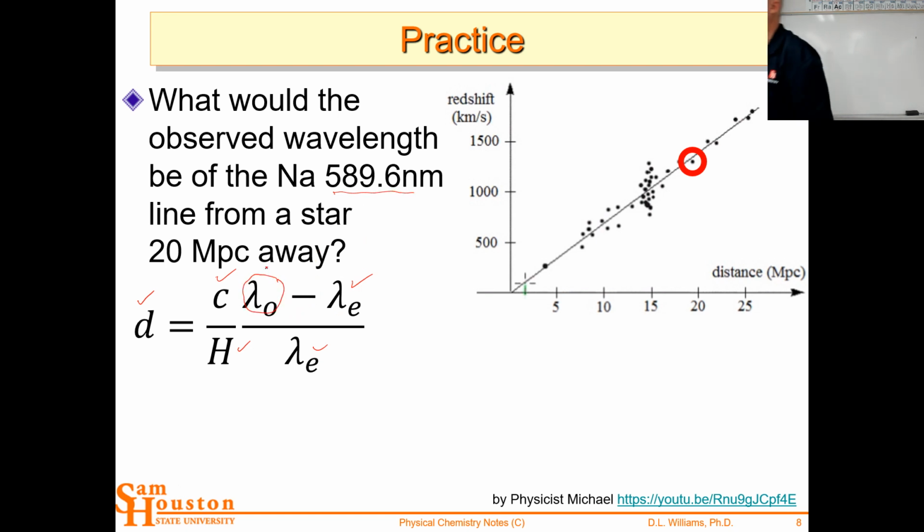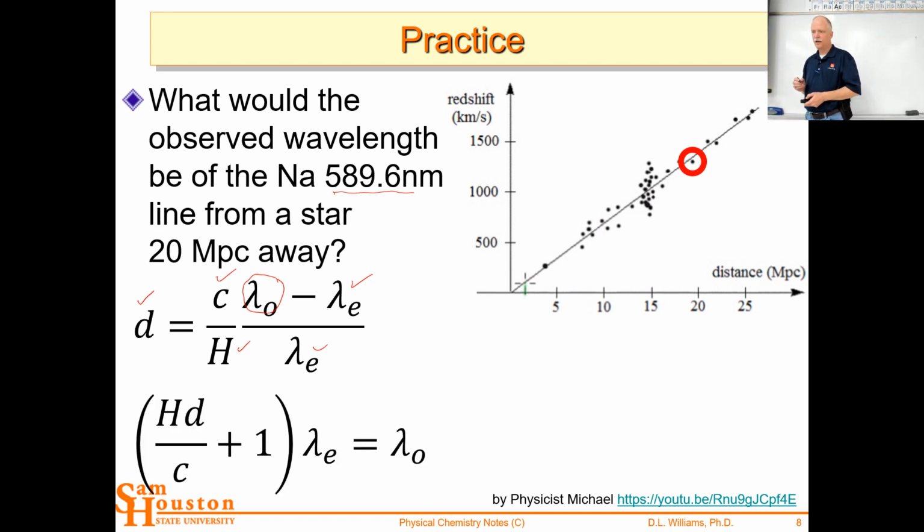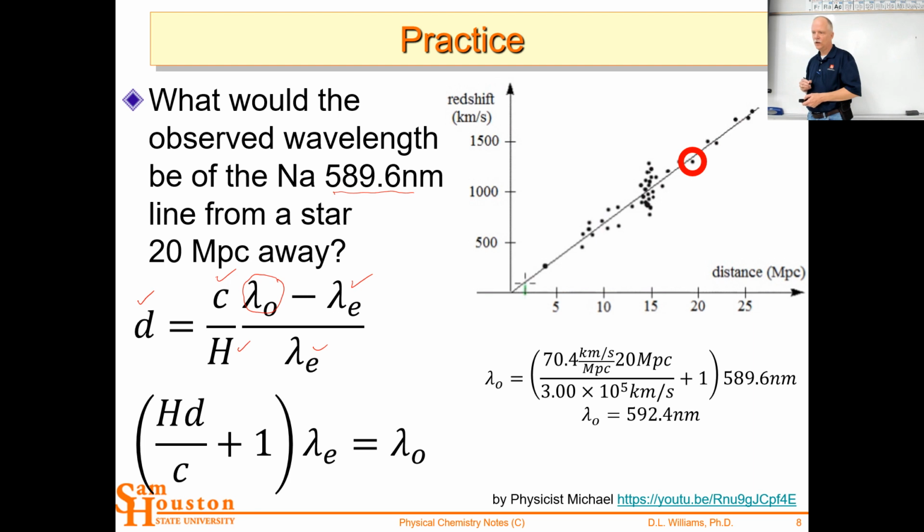So you've got to do a little algebra, bring H over, bring c over, multiply both sides by lambda_e, and rearranging this equation gives us our observed wavelength. Putting all those numbers in, we end up with 592.4 nanometers. So that would be where that sodium line would show up in our telescope spectrometer.